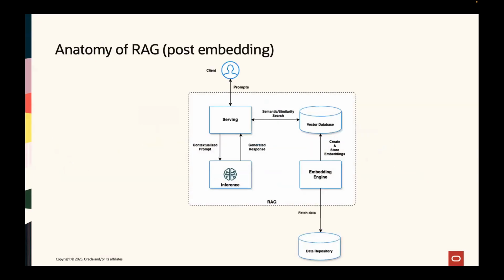So this is the anatomy of RAG. Basically, you send the prompt, right? It sends it to the chat interface or chat application that you have. It will ask that question to the vector database.